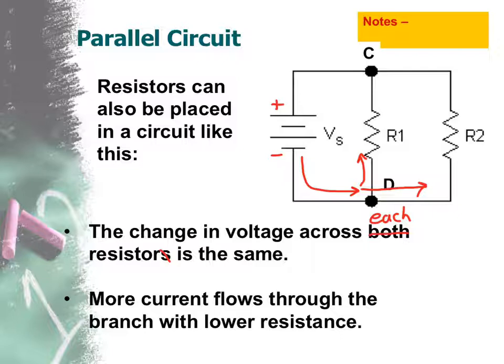So what that means is that the current is no longer constant throughout the circuit. And it turns out that more current flows through whichever of these two branches has lower resistance. So if this has lower resistance than that, then more of the electrons will want to flow through this branch, but not all of them.